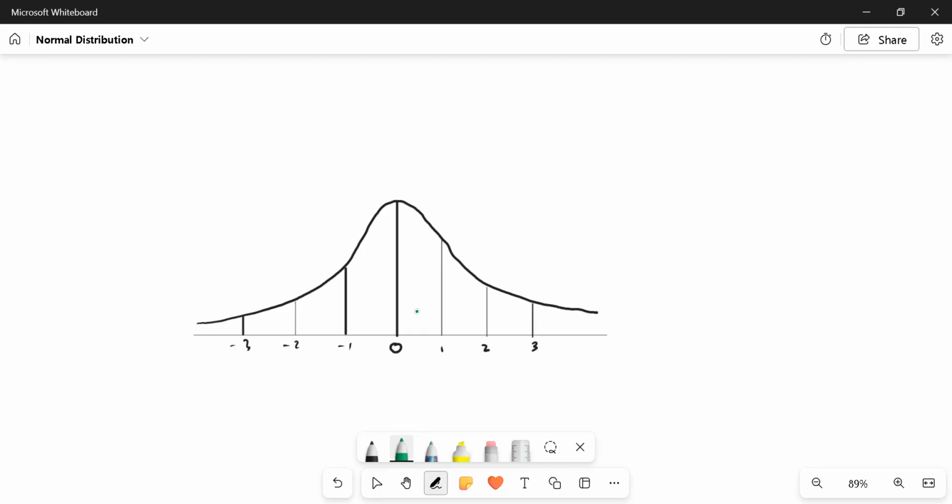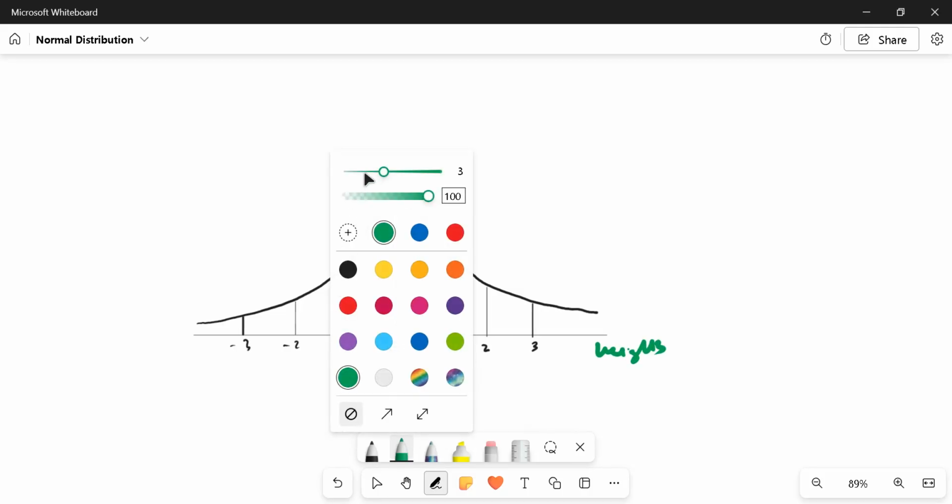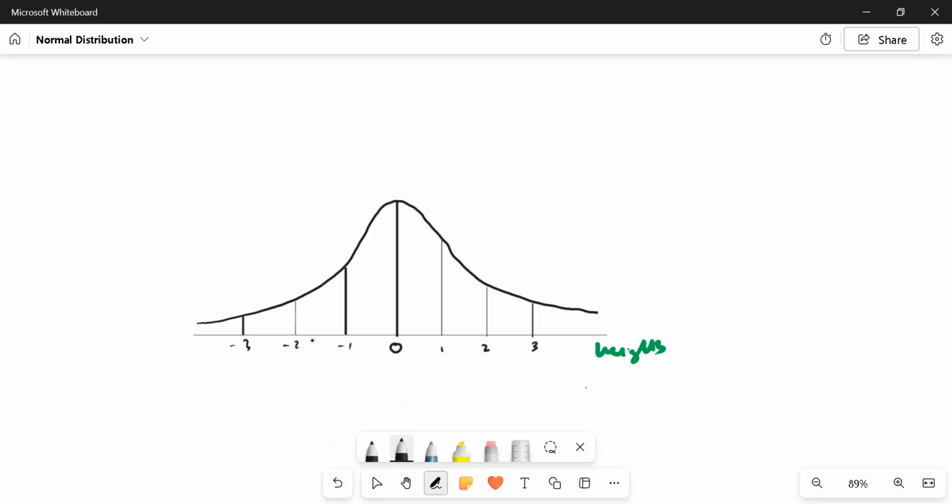Because their heights follow the bell curve, remember we had heights over here in the previous video, total number of adults versus heights in meters, you can be very confident about these three statements.